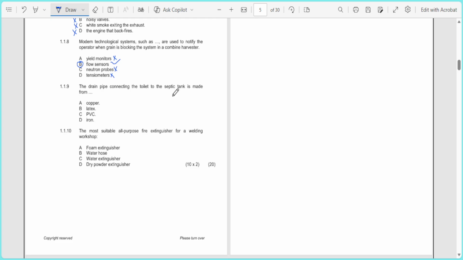obvious one. It's obvious. PVC pipes. We normally use PVC pipes for connecting the toilet to the septic tank. First of all, it's not like we cannot use copper.